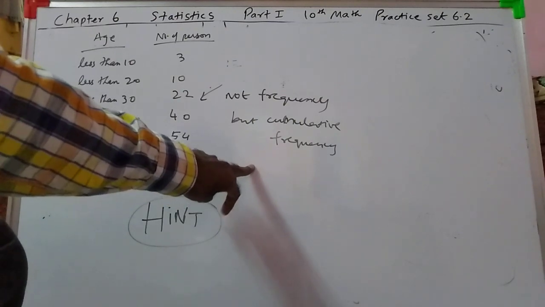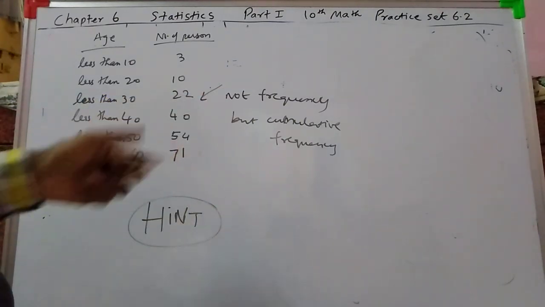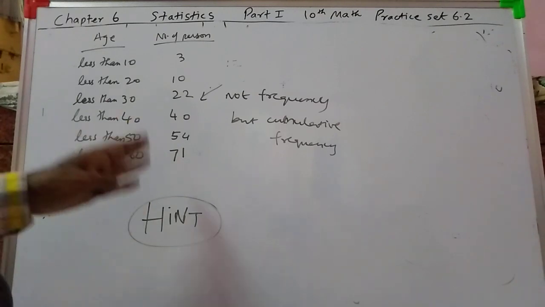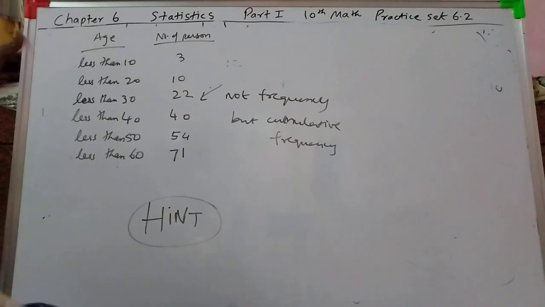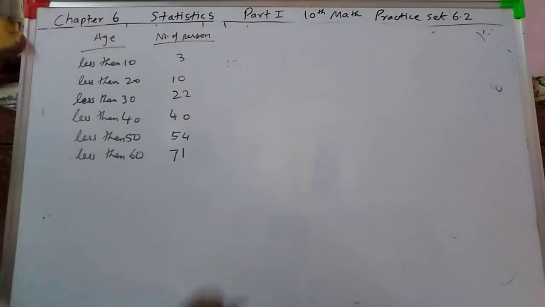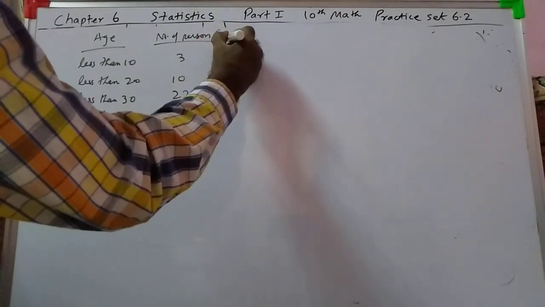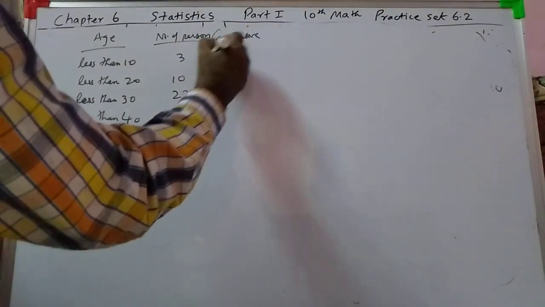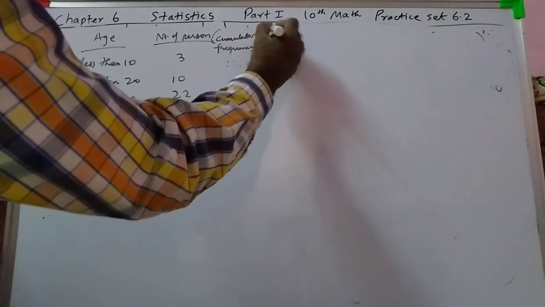This is not frequency, but cumulative frequency. That you should know. Clear? Okay. So it will become cumulative frequency less than.